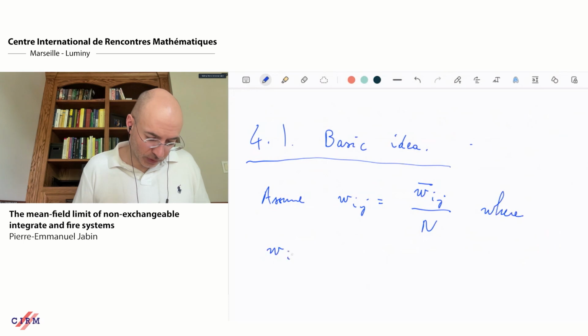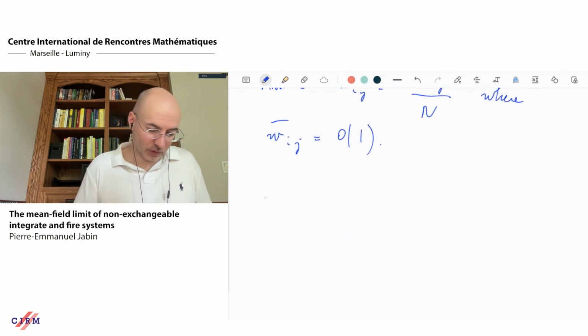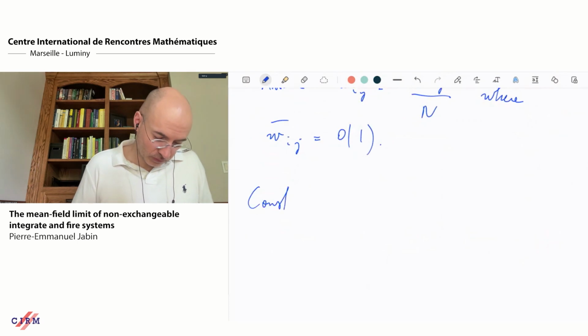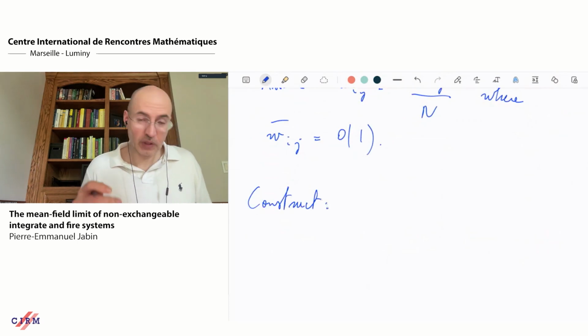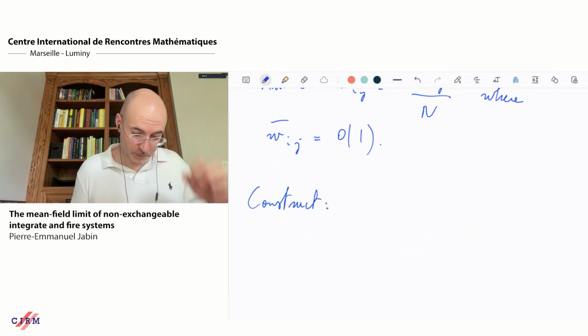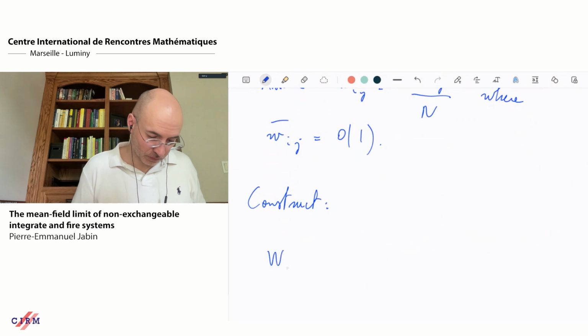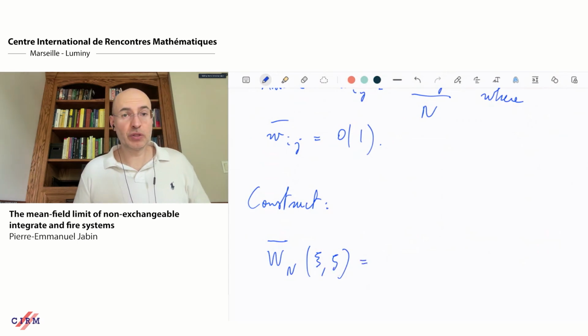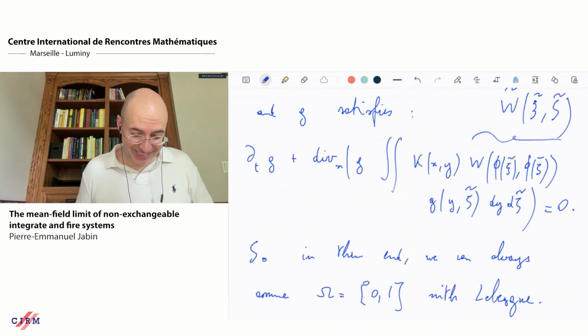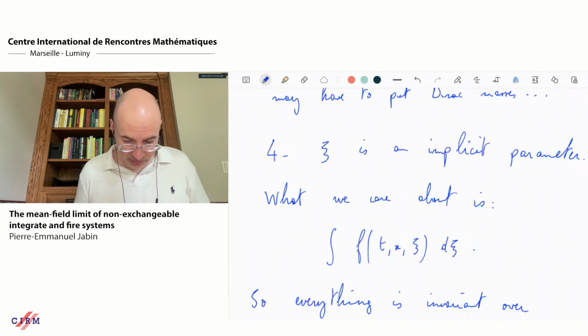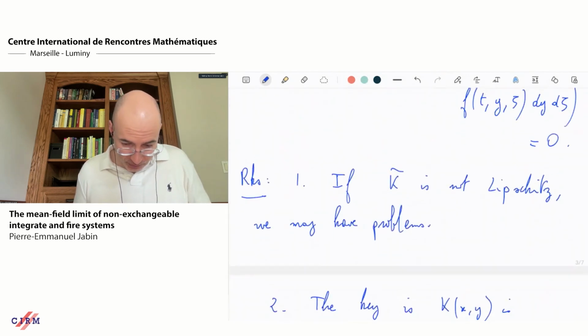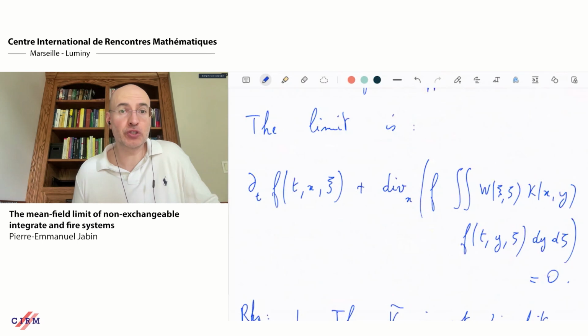And the W bar ij are order 1. And we are going to construct an approximate graphon, which is going to be a kernel function of 2 variables, right? So exactly like the kernel I have here in my limiting equation with the structure.